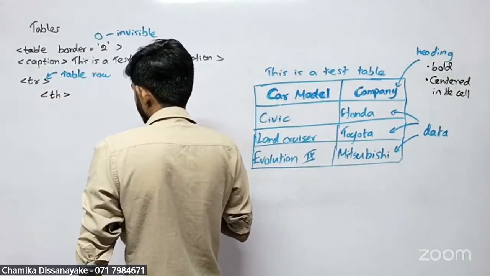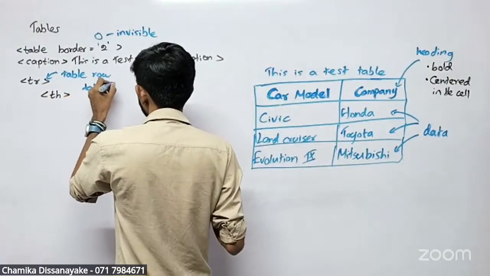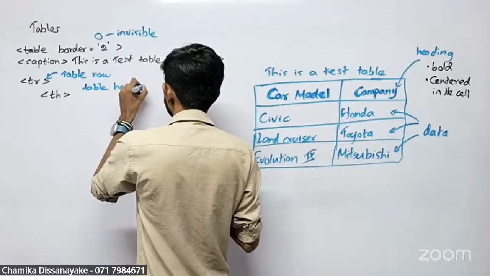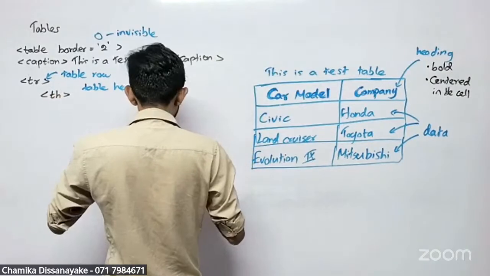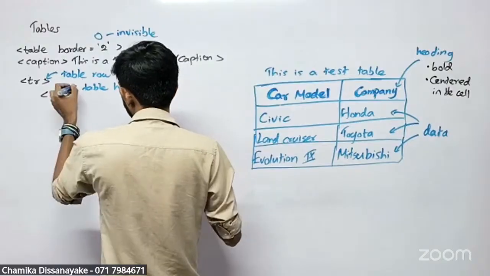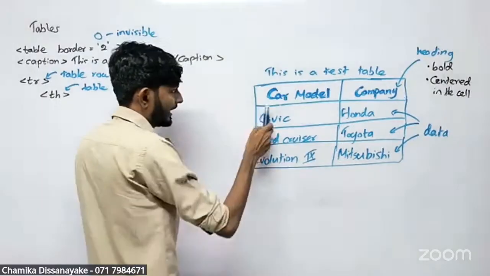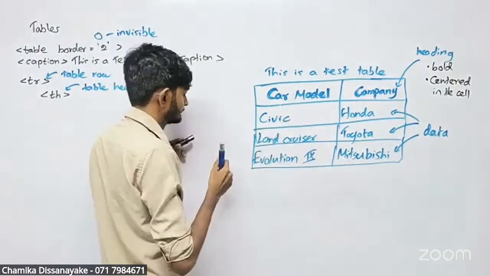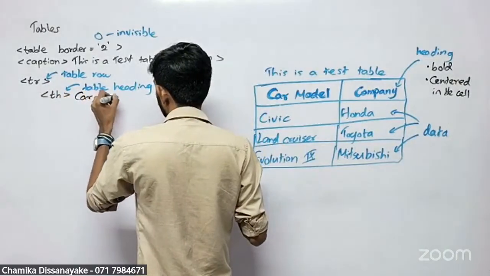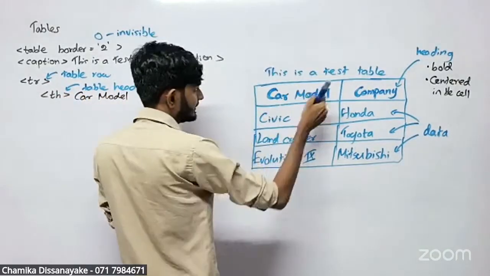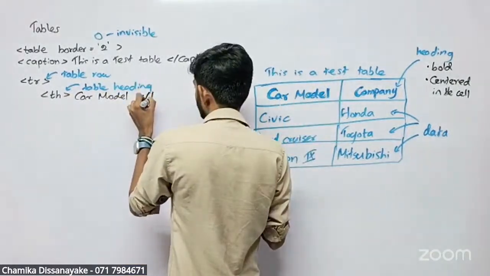TH means table heading. So I have opened the first table heading, and that heading included car model. And the heading is closed. The first heading is closed here. I'm going to close TH.